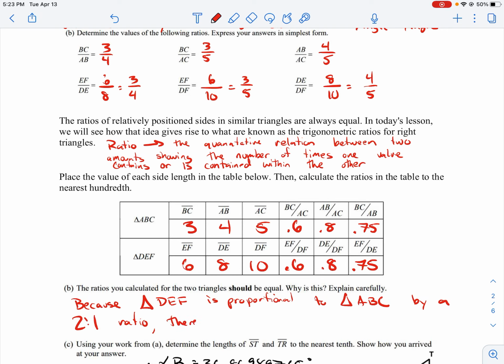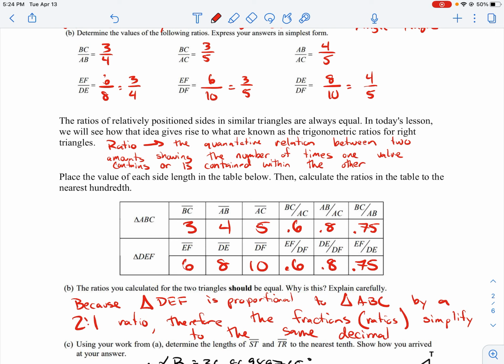Therefore, the fractions or ratios, we'll say, simplify the same.